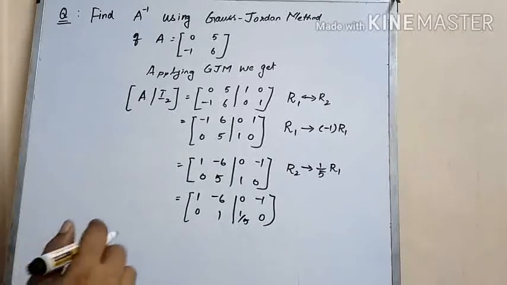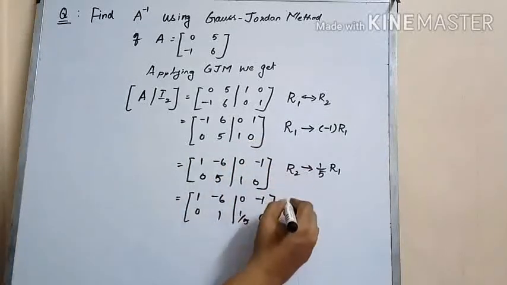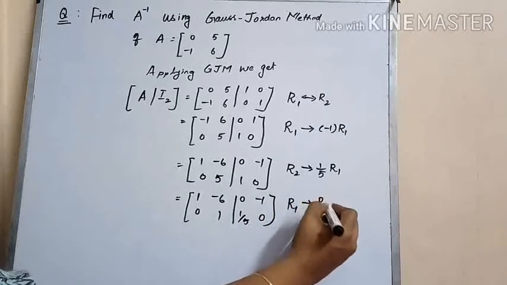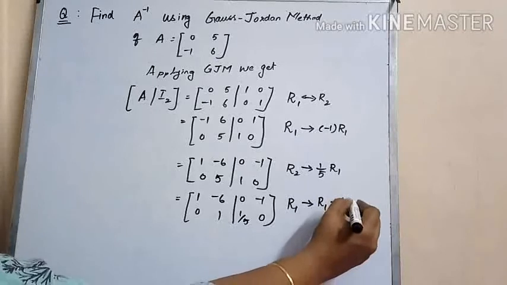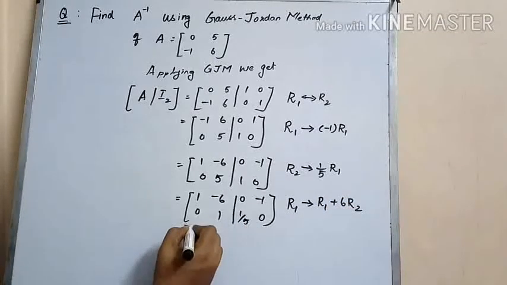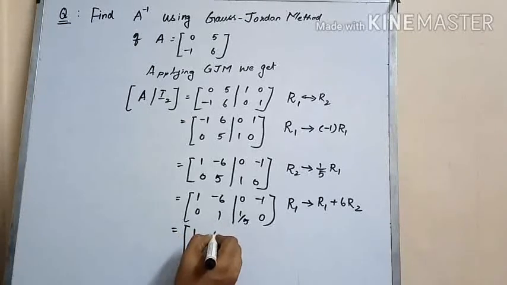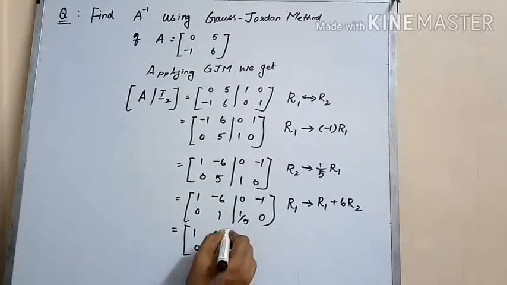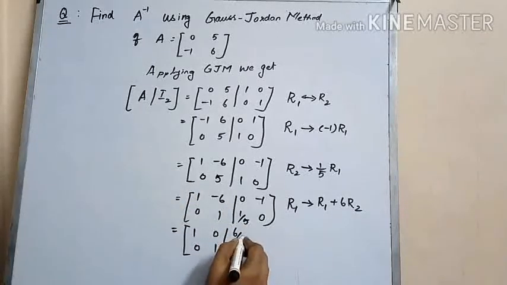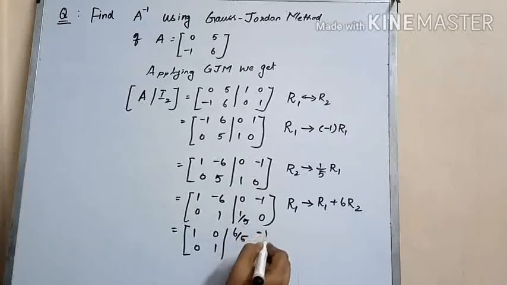So the next row operation is R1 plus 6 R2. That will give you 1, 0, 0, 1 | 6 by 5, minus 1, 1 by 5, 0.